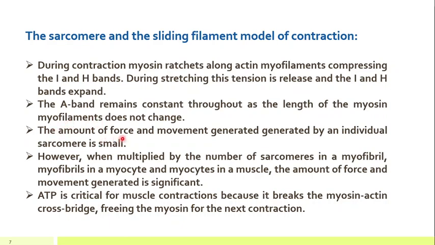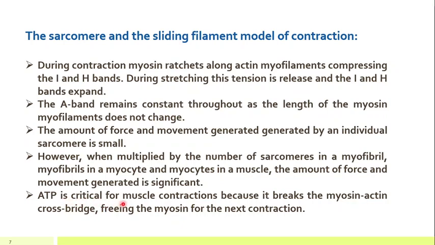The amount of force and movement generated by an individual sarcomere is small. Very little energy is required for this contraction and relaxation. However, when multiplied by the number of sarcomeres in the myofibril, in the myocytes, and myocytes in a muscle, the amount of force and movement generated is significant.